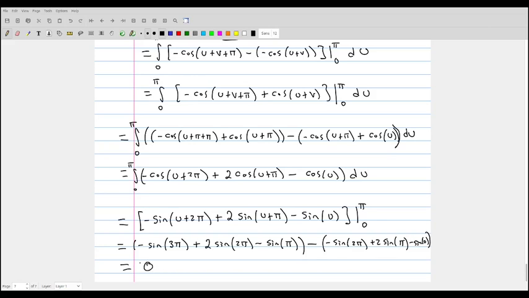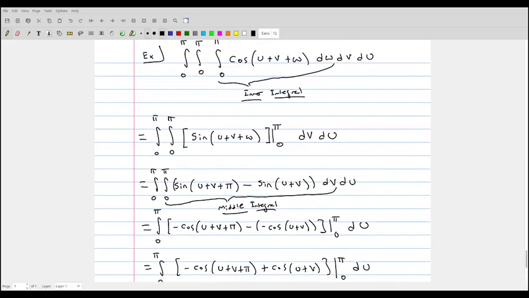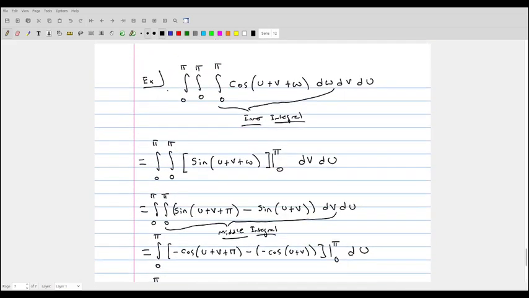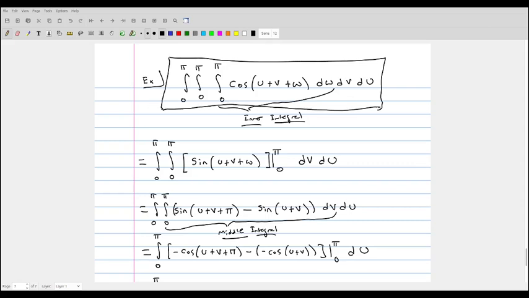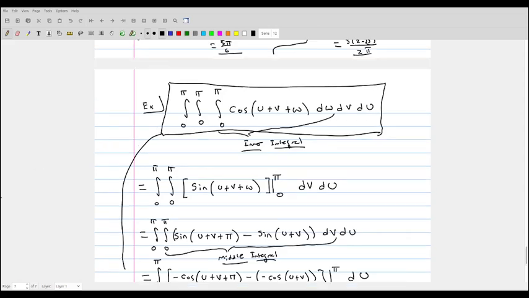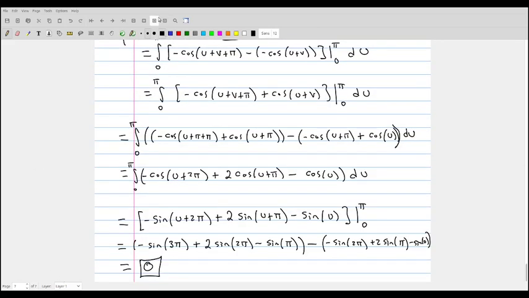So this definite integral is going to be 0, which means the accumulation of this function, cosine of u plus v plus w, inside the rectangular prism from 0 to pi along x, 0 to pi along y, and 0 to pi along z, this triple integral, this accumulation is 0. I mean, the total amount of positiveness of the function cancels out the total amount of negativeness of the function.